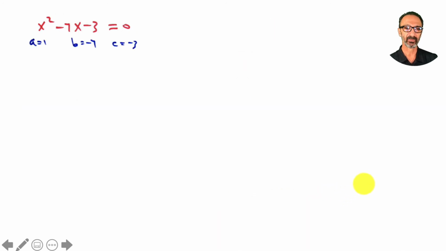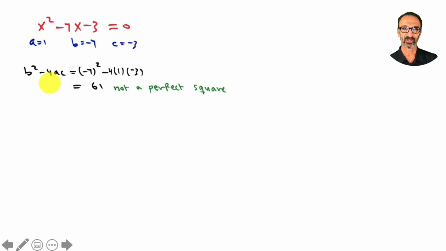Here's another example. a equals 1 and b equals -7 and c equals -3. The discriminant is b squared minus 4ac, that's my b squared, which is -7 to the second, that's 49, minus 4 times a, which is 1, times c, which is -3. That's going to change to positive.